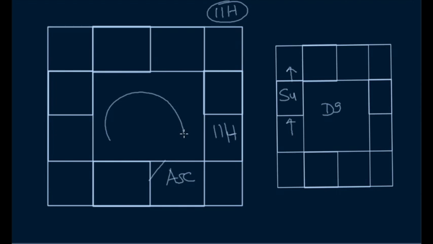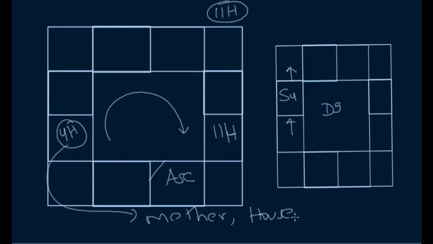This 11th house is actually 8th from 4th house, and 4th house stands for mother. It stands for mother, it stands for vehicle, it stands for comfort, it stands for house. Okay, vehicle. So all these significations will get affected when Saturn transits over Sun.